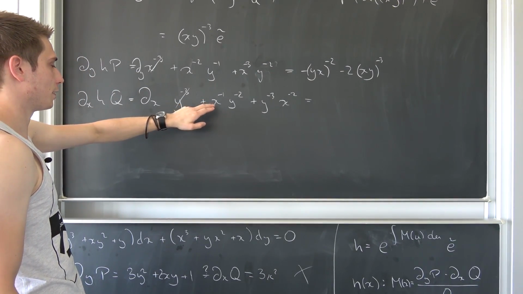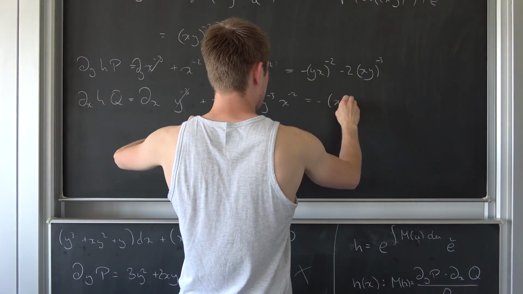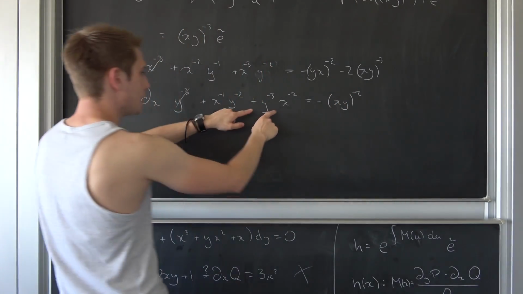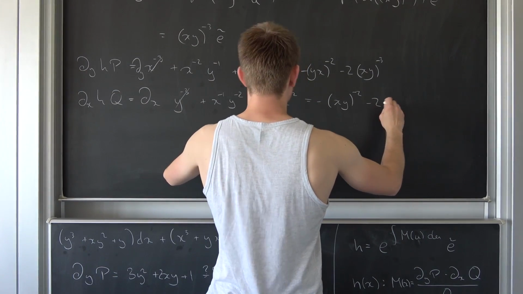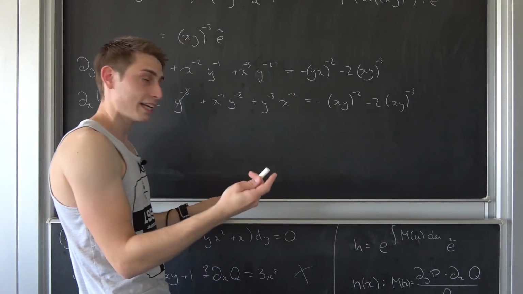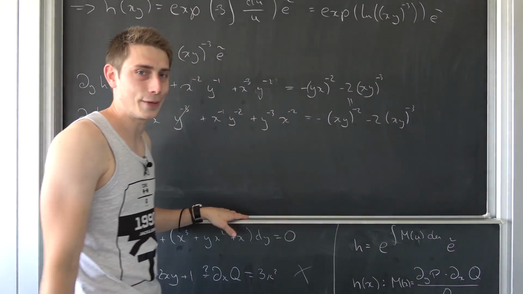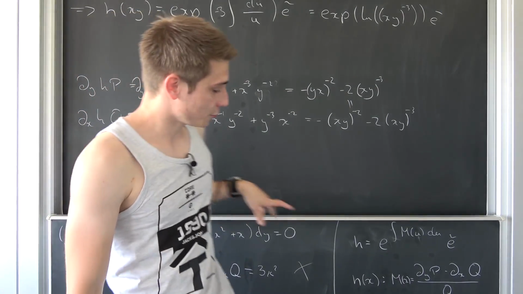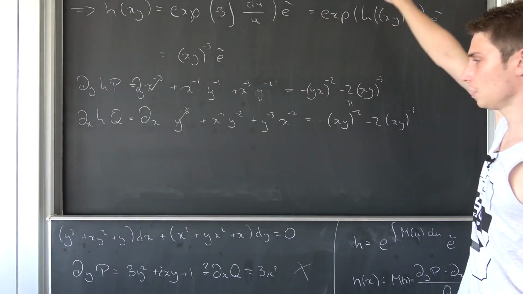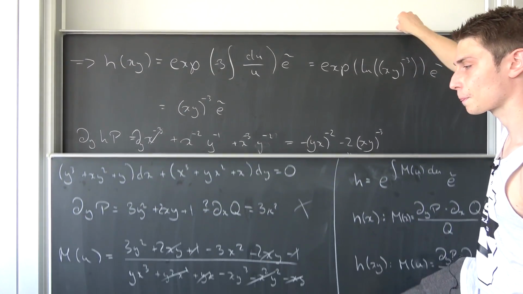And then we are going to get, dragging the negative down, negative x times y to the -2, and dragging the -2 down, -2 x times y to the -3rd power. Hey, who would have guessed that this thing right here is actually our integrating factor? This actually required me to think a little bit, but yeah, we have made this differential equation exact.